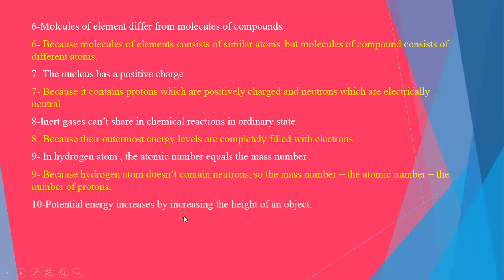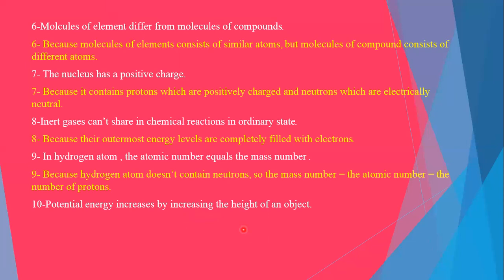Number 10. Potential energy increases by increasing the height of an object. We all know the law of potential energy equals weight times height. So when the height increases, the potential energy increases. Let's see. I always tell you we escape from this topic in a very nice way. When I tell you something increases while the other increases, both of them increase, so because the relation between them is directly proportional.